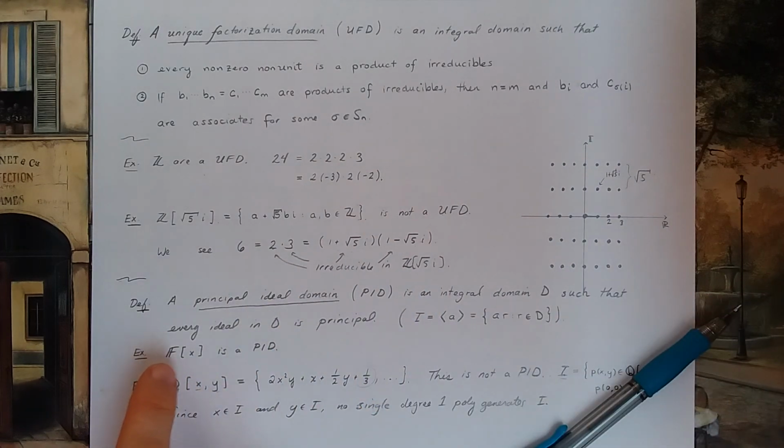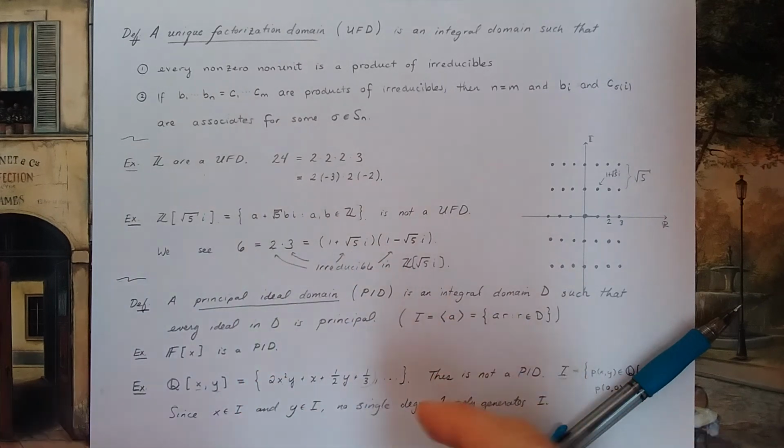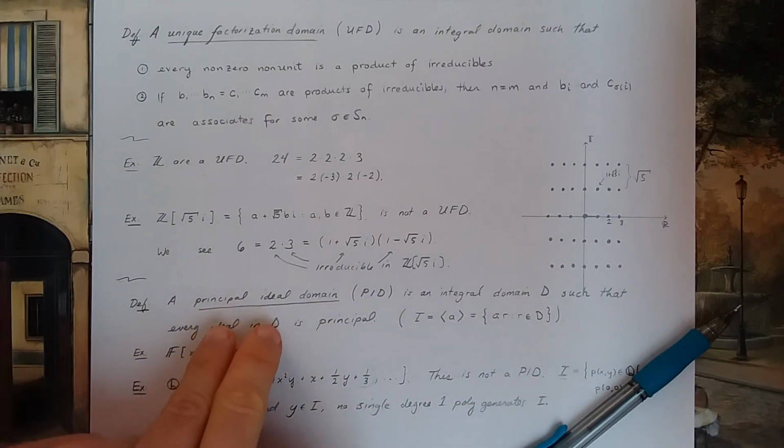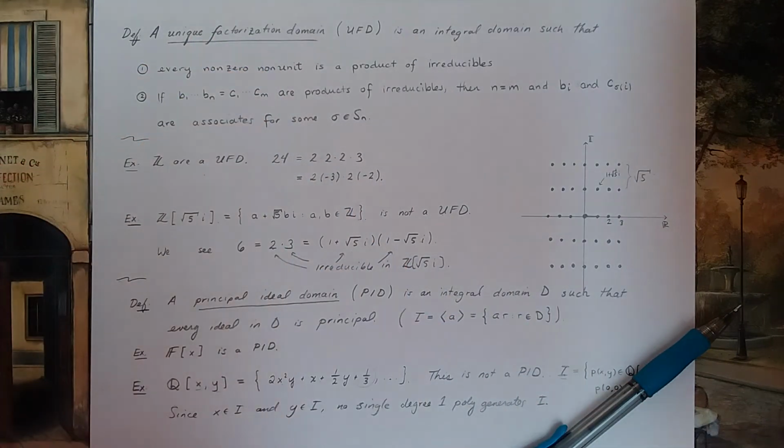The ring of polynomials over a field is a perfect example of a PID. So the goal will be to show that every PID is also a UFD. So we will prove that every principal ideal domain is also a unique factorization domain in videos to come. All right, I'll see you there.